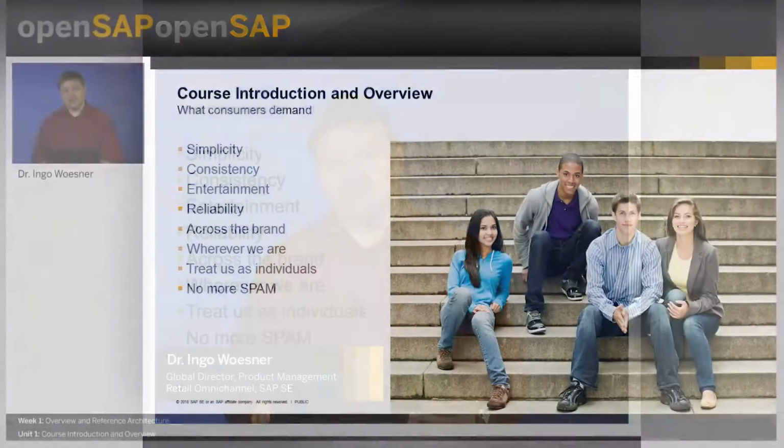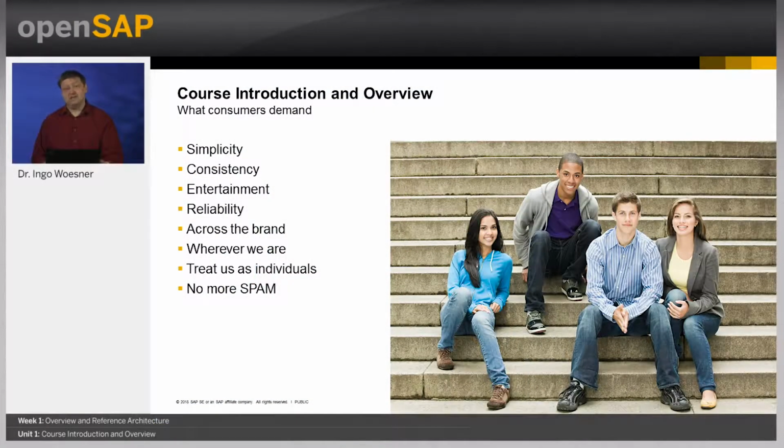But omnichannel is more than harmonized sales channels. It is also a content strategy. Spam was yesterday. Today, it's smart, intelligent proposals, personalized offerings that match the shopping context the consumer is in at the very moment, in real time, across all consumer touchpoints, across the brand.